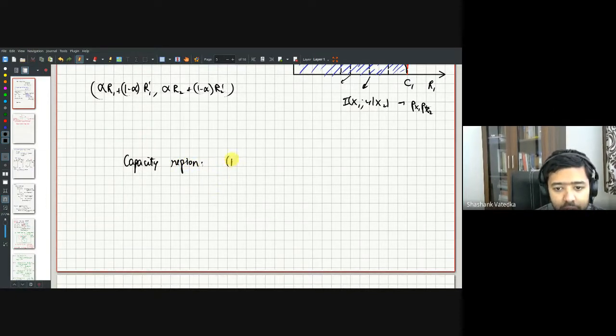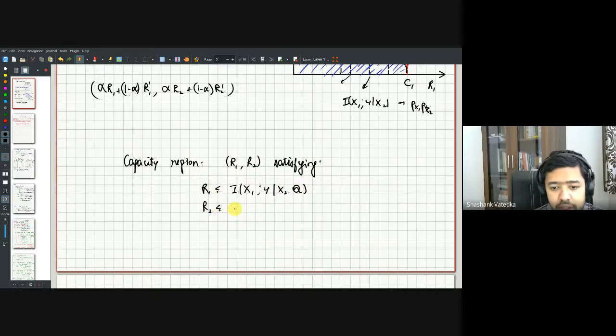So it is a set of all R1, R2 satisfying: R1 is less than or equal to the mutual information between X1 and Y given X2 and Q. R2 is less than or equal to the mutual information between X2 and Y given X1 and Q, and R1 plus R2 is less than or equal to the mutual information between X1, X2 and Y given Q, right?